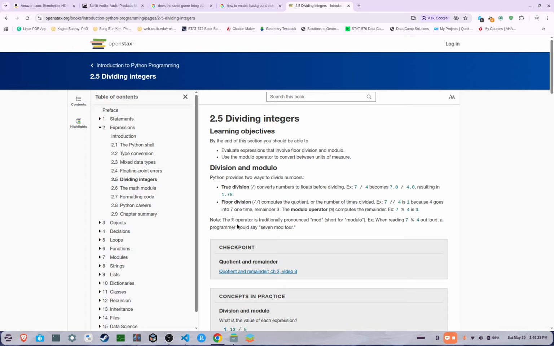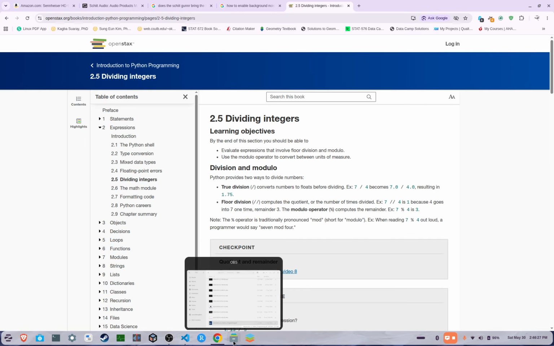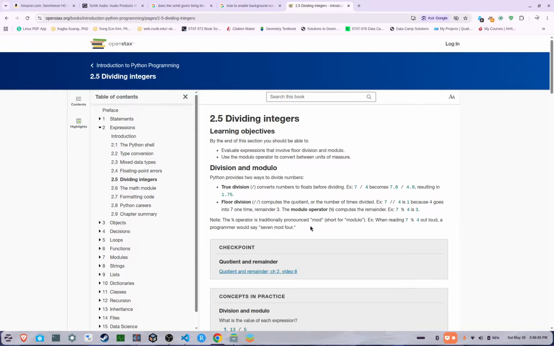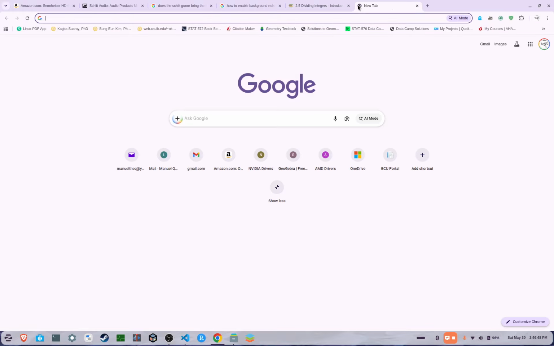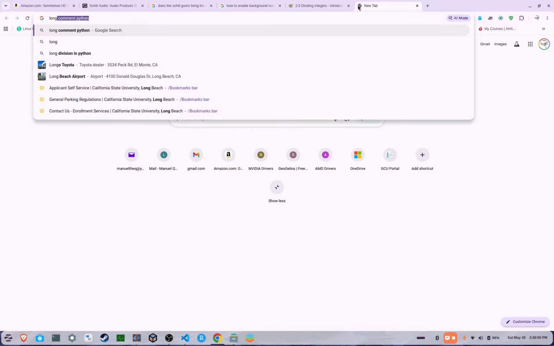Python does division in a couple of ways. We as people understand division as having a whole number and a decimal, known as the remainder, something you learned to do with long division way back in elementary school.